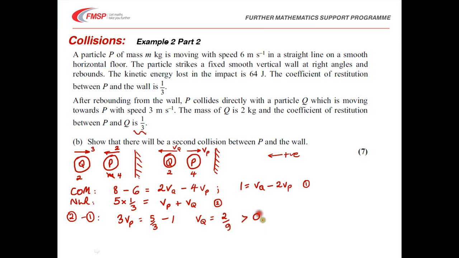This is greater than 0, and we can infer from that that the direction of P is reversed, hence it will strike the wall again.